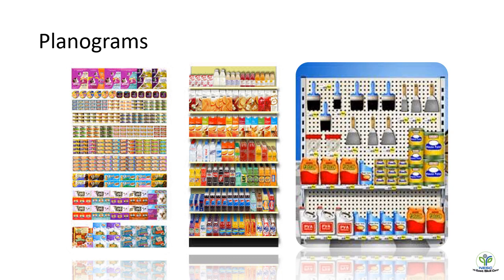Products placed at eye level may sell better than products placed on the bottom shelf. But again, products on the bottom shelf may be eye level for children. Planograms are sometimes used by manufacturers to suggest optimum display for their merchandise at stores. Here in this picture, the kind of displays used are seen in supermarket and departmental stores.